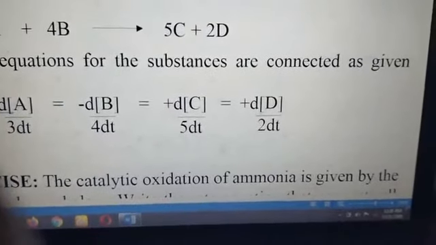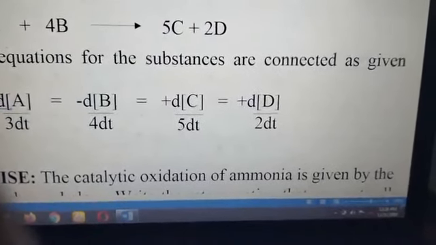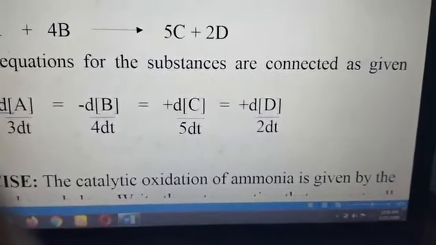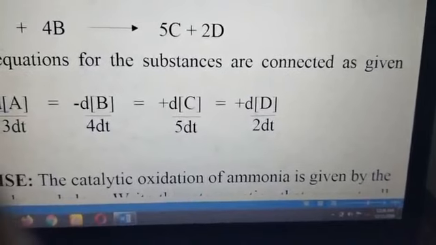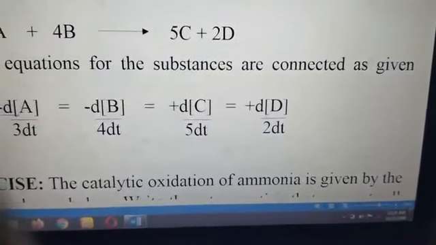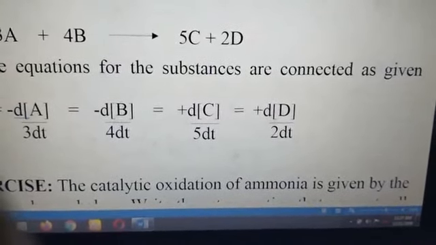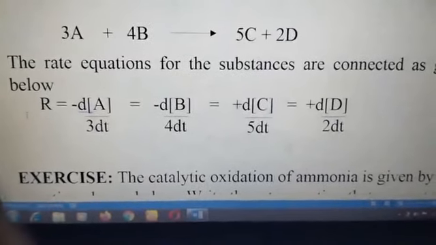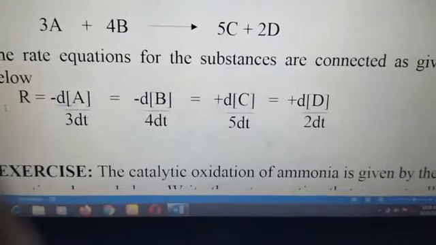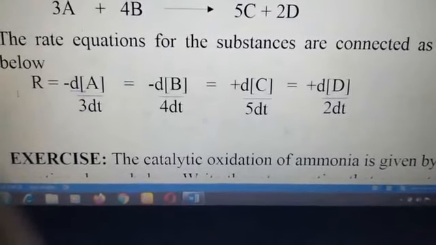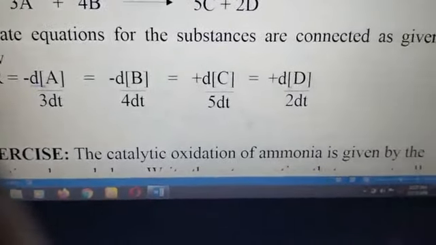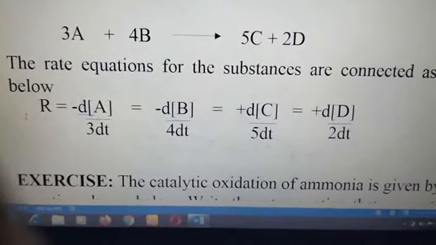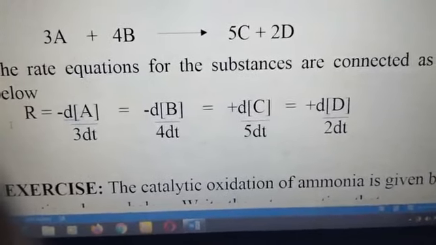Then for D, similarly, we have positive because it is a product, plus change, that is small d meaning change, concentration of D, that is D in bracket, all over dt, divided by 2, that is 2 moles in front of D. So when you have different stoichiometric coefficients in front of the substances, you have to divide the change in concentration of each of the terms by the number of moles or the stoichiometric coefficient as given in the balanced equation.